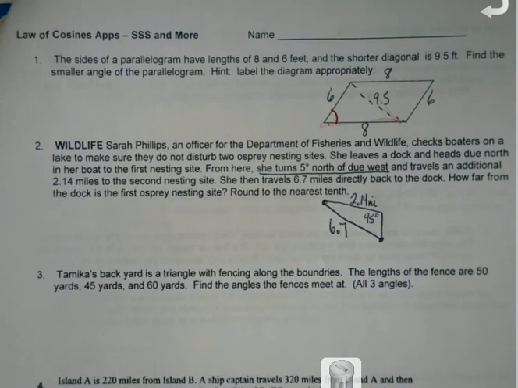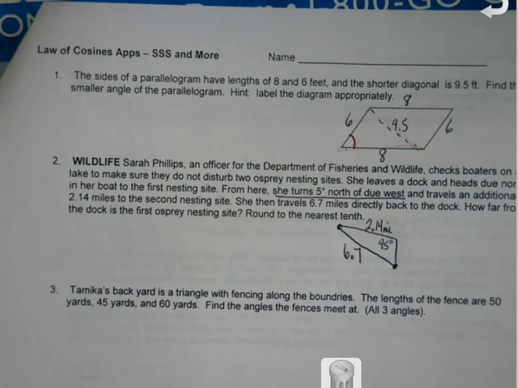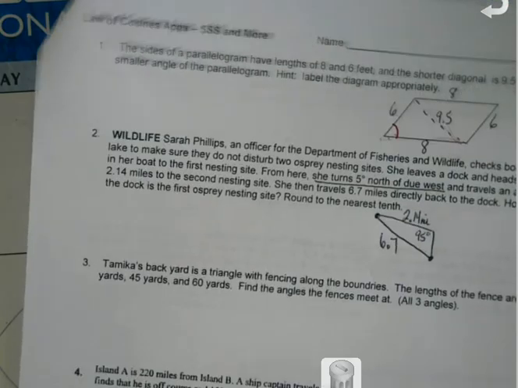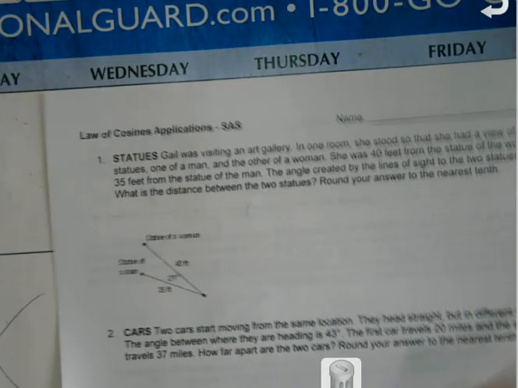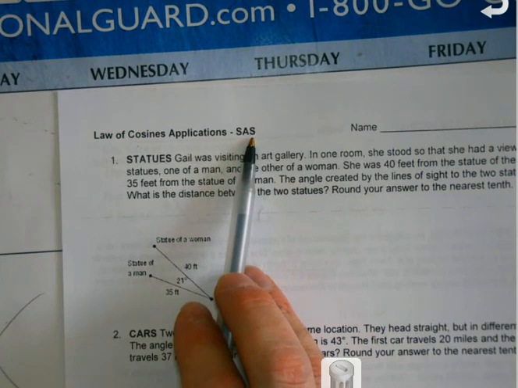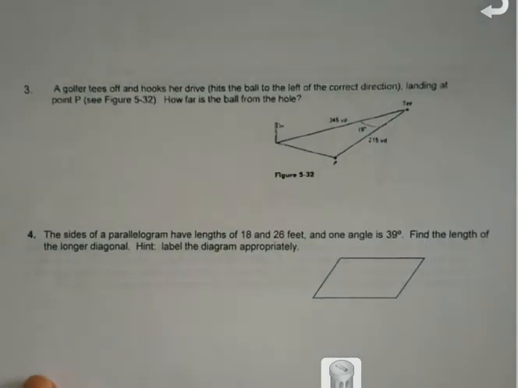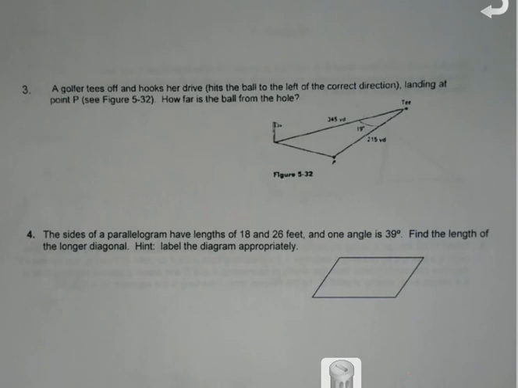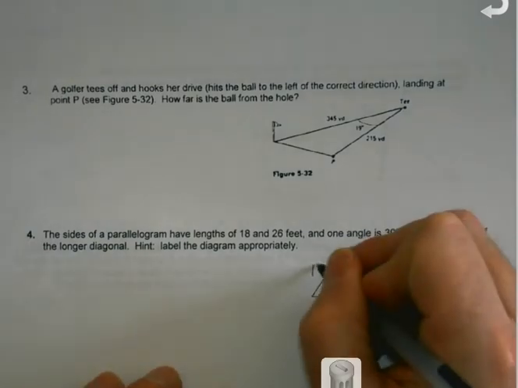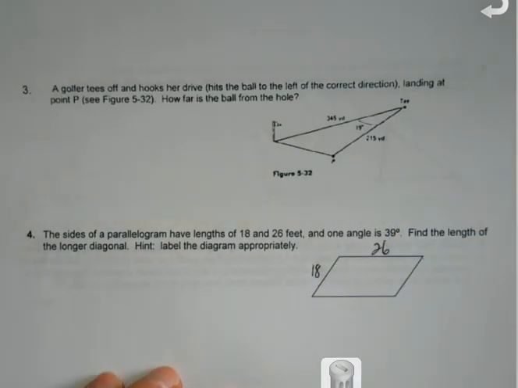I think the last one that I thought you could use some assistance on is on the back, the very last one. There's more hints at the top. Law of Cosines, side angle side. All right, there's the parallelogram again. Sides of a parallelogram have 18 and 26.